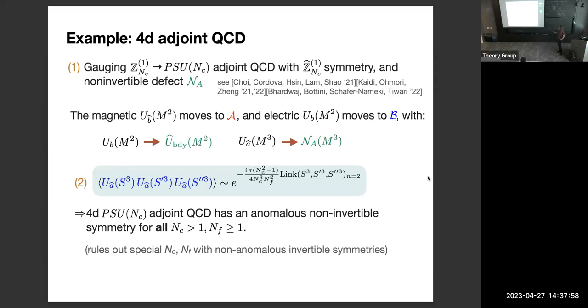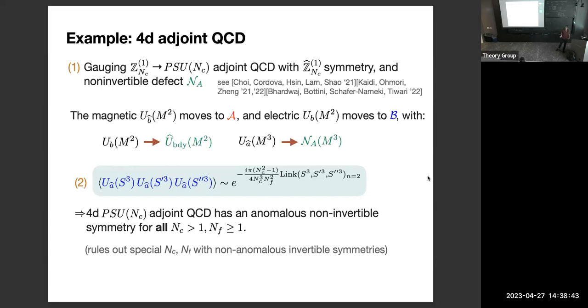And so now I can check that the operators that reproduce the symmetry operators of this gauged theory are, one of them is this electric surface operator, which is generating the Z_N hat 1 form symmetry now of my quantum field theory, and the other is this non-invertible volume operator in the bulk, which on the boundary reproduces the non-invertible volume operator, which generates the now non-invertible defect in my quantum field theory.